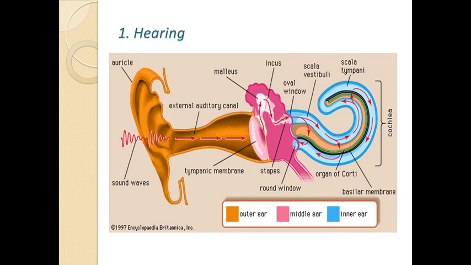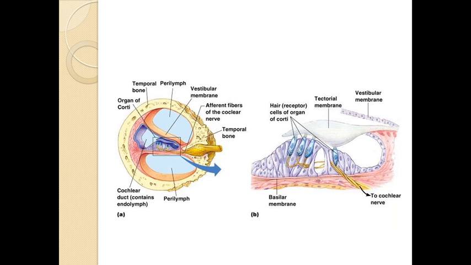The organ of Corti lies on the basilar membrane, and the organ of Corti also tends to vibrate. Then the sensory hair cells of the organ of Corti are vibrated. The hairs on the sensory hair cells, the auditory receptor cells, move against the tectorial membrane.